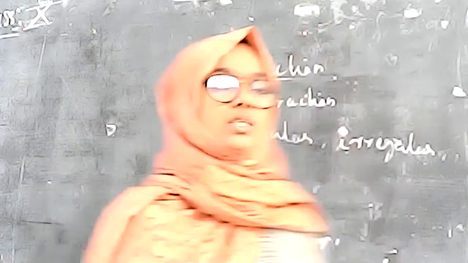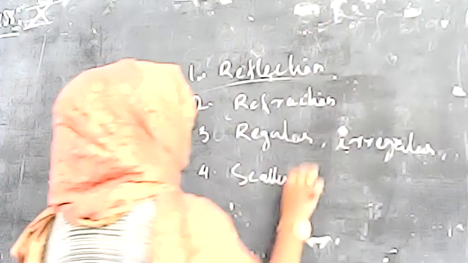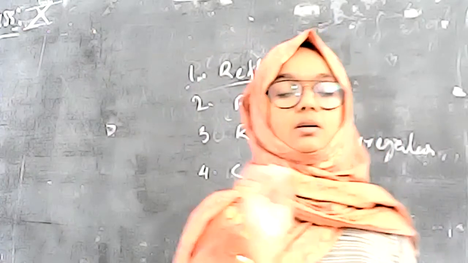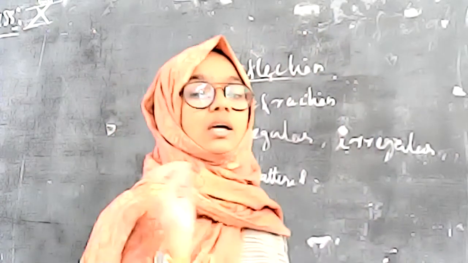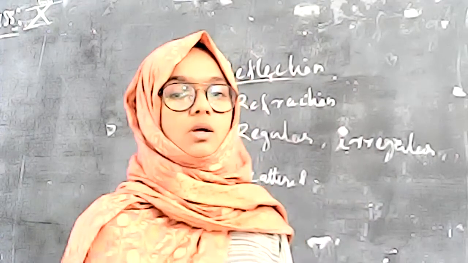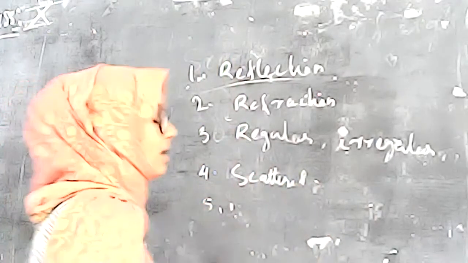Irregular reflection occurs on a rough surface, and irregular reflection is the scattered reflection. On a rough surface reflection occurs, but it is irregular because the surface is not smooth. That type of reflection is scattered reflection.